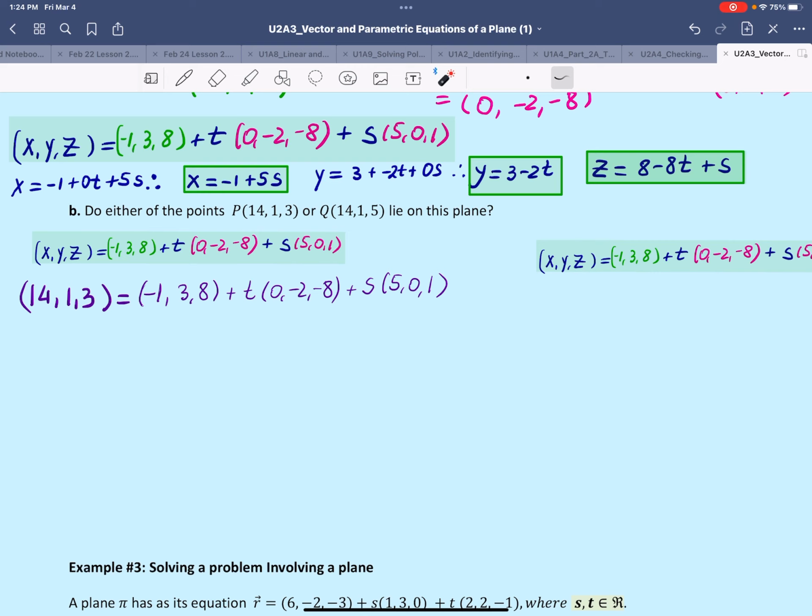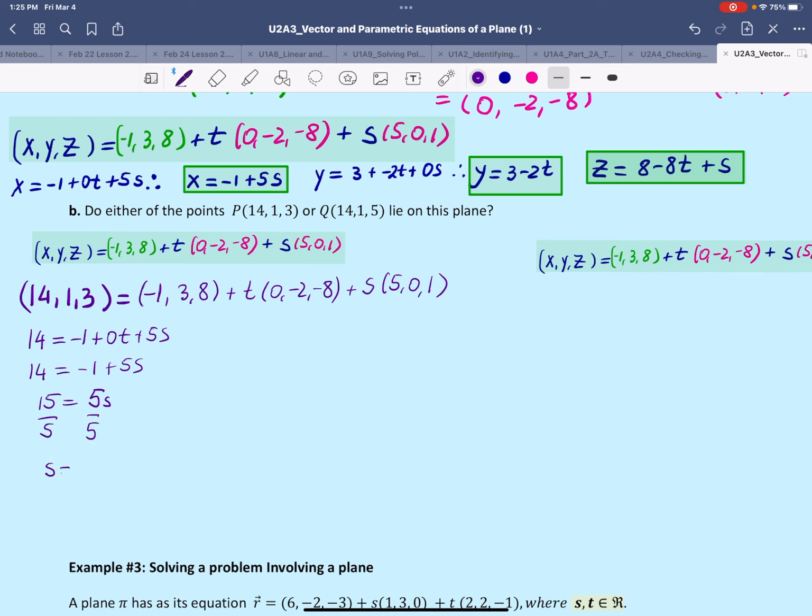So we're going to say that 14 equals negative 1 plus 0t plus 5s. So 14 is negative 1 plus 5s, which will give the s value, remember, 15 on one side. The letter S is a very difficult letter to use, especially next to a 5 here.